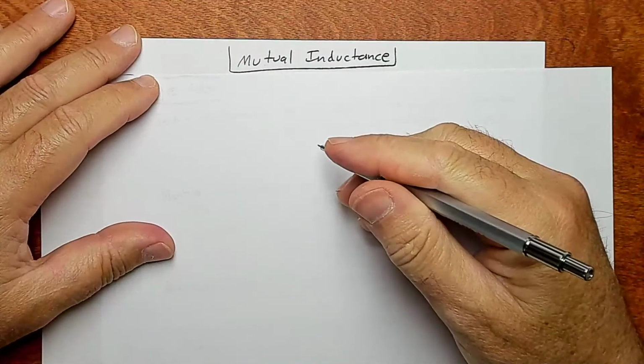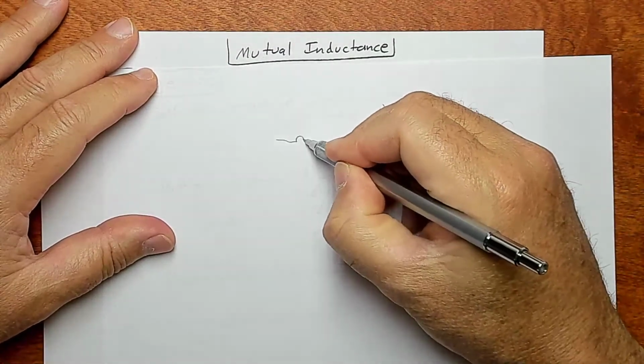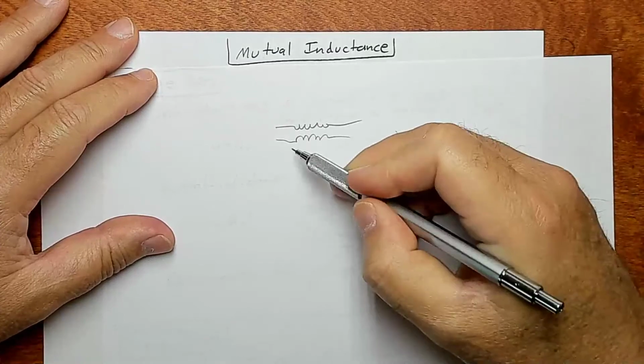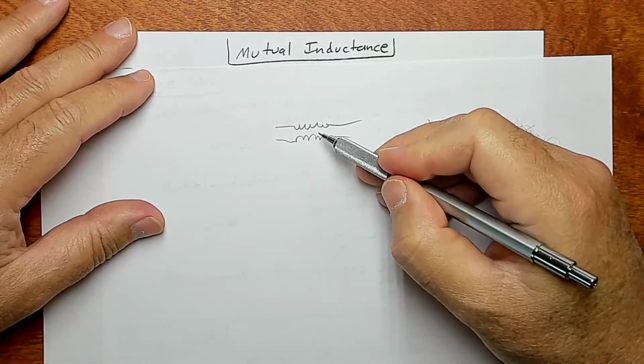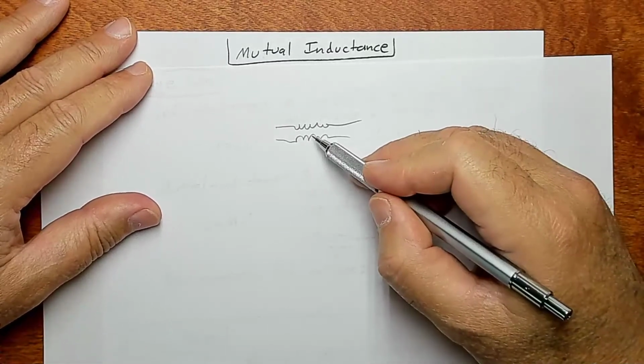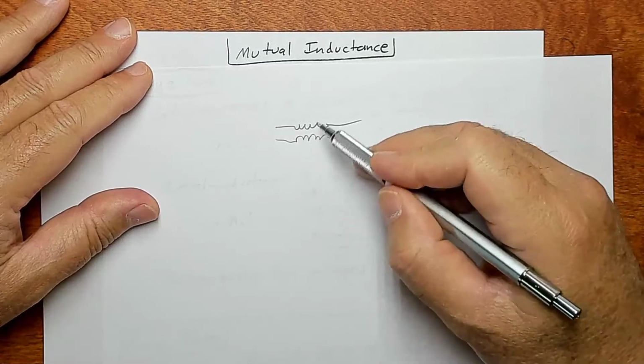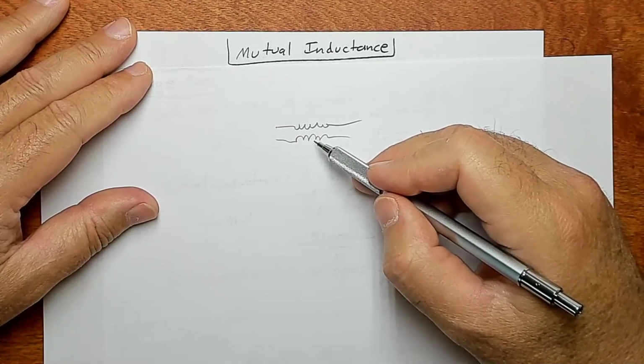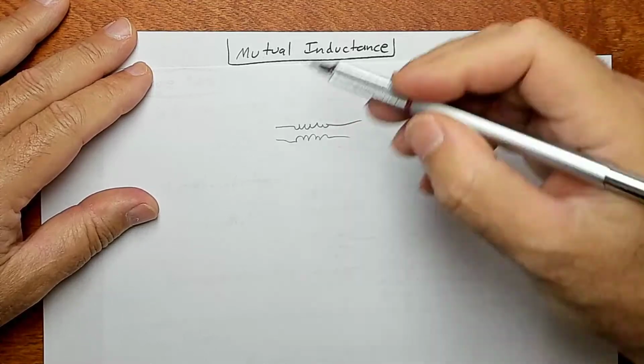So if you have two coils in close proximity, there are magnetic effects, right? We like to ignore the magnetic effects in an introductory circuits class, but there are magnetic effects.